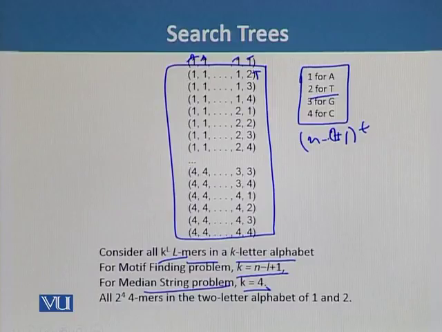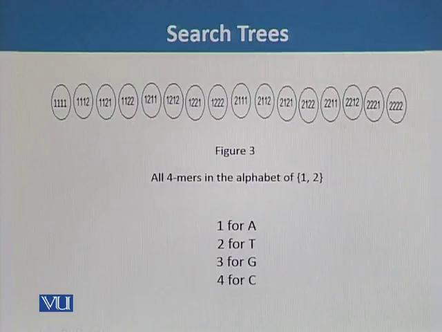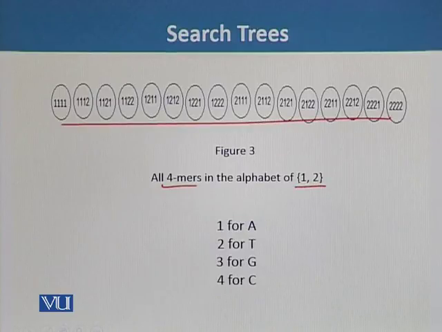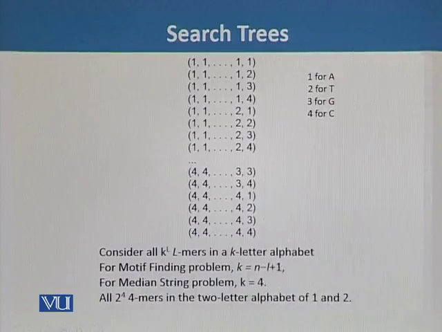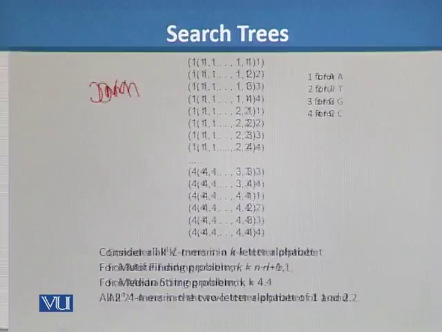So we can see in the last figure that we have calculated all 2 raised to power 4 mers in 2 alphabets. Here we can see we have calculated the 4-mers in the 2 alphabets. So by using the same formula, we have calculated the different possibilities for DNA strings.